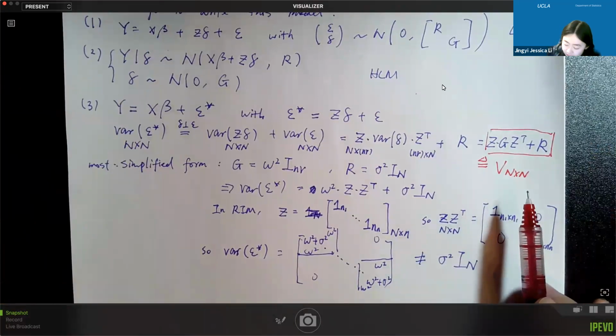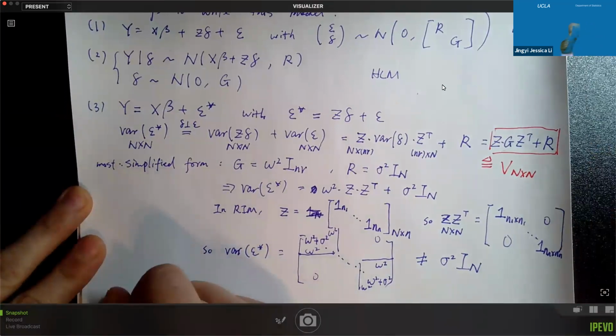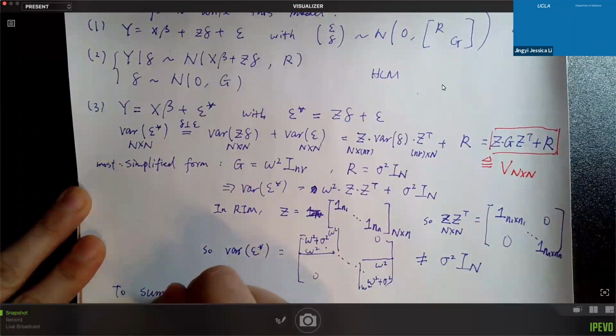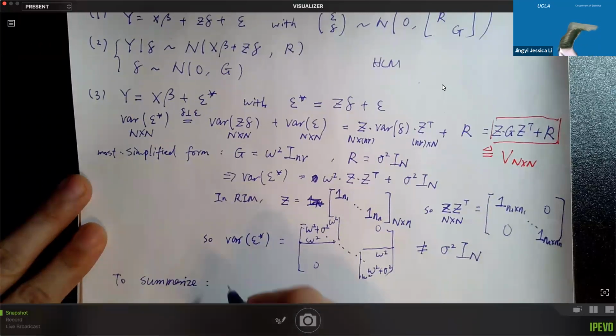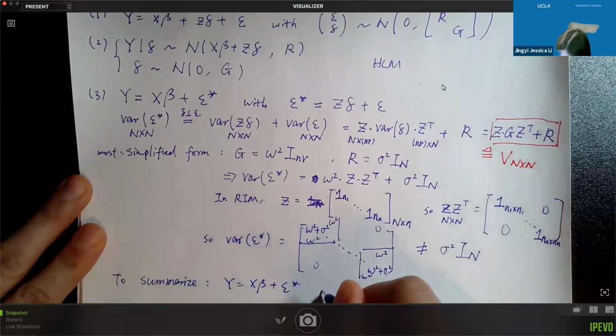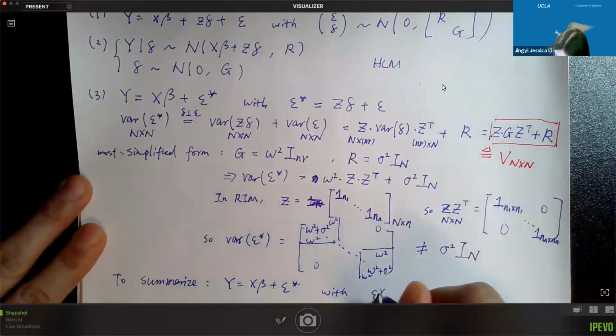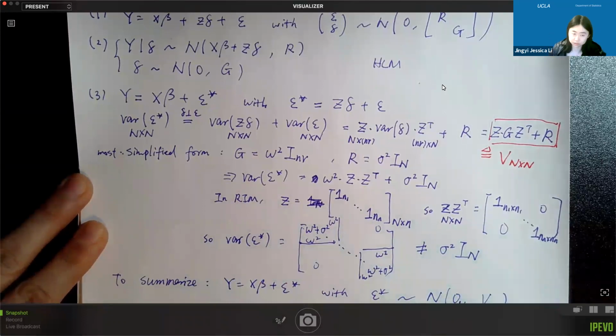To summarize, the third way of writing the model is that y equals X beta plus epsilon star, with epsilon star following a normal distribution with mean 0, capital N dimensional, and V as the covariance matrix.